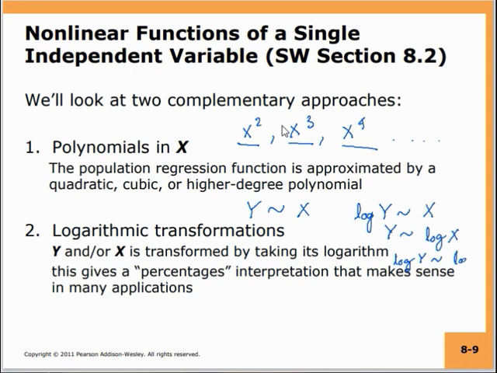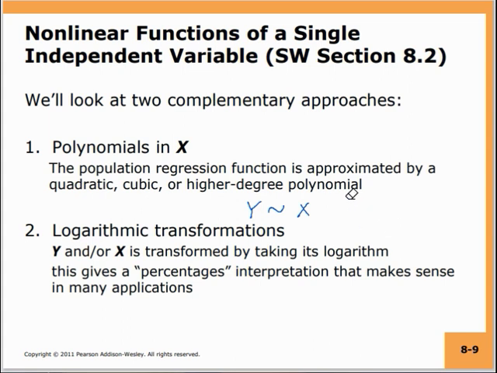So you could basically take a logarithmic transformation on one or both sides, and that, as we will see, can be interpreted in terms of percentage changes in either the independent variable or the dependent variable. Okay, so these are the two different nonlinear transformations that we are going to look at.